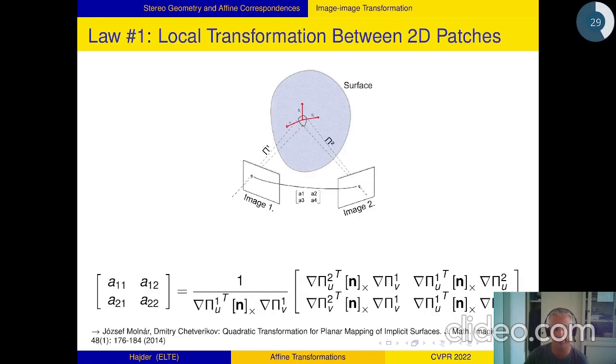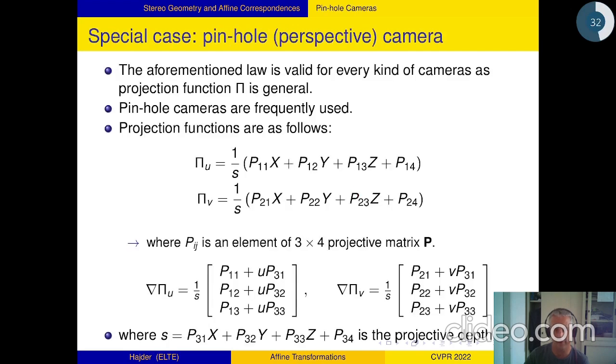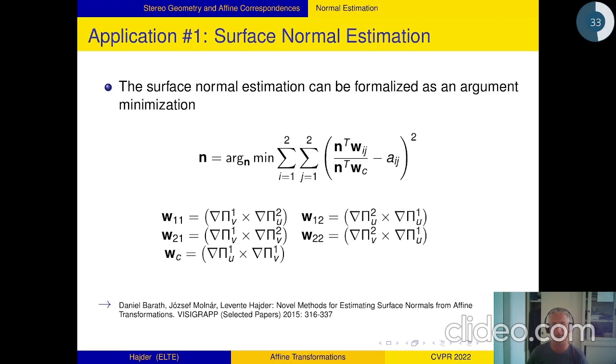If the pinhole camera is assumed, then we can form several estimators. For example, an estimator in order to estimate the surface normal. Mathematically, algebraically, the surface normal estimation can be written as an argument minimization problem for the surface normal vector n.